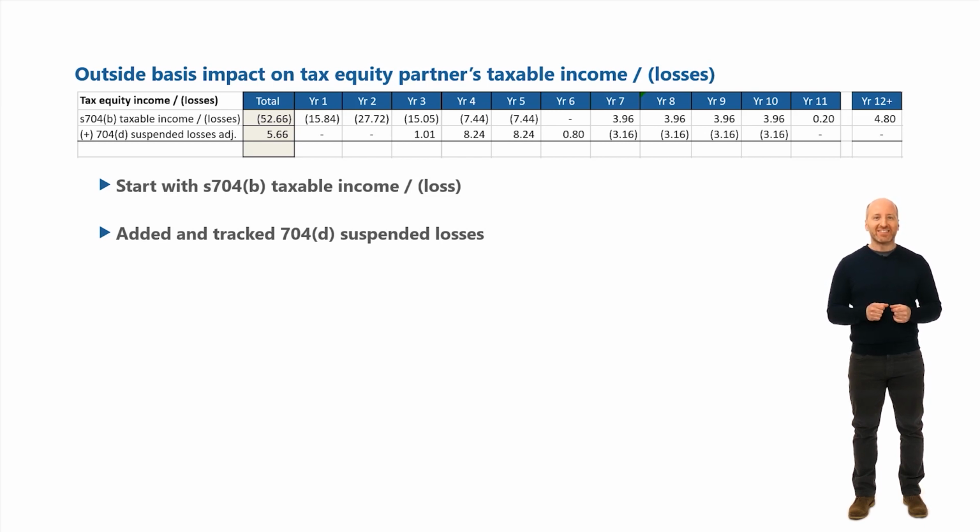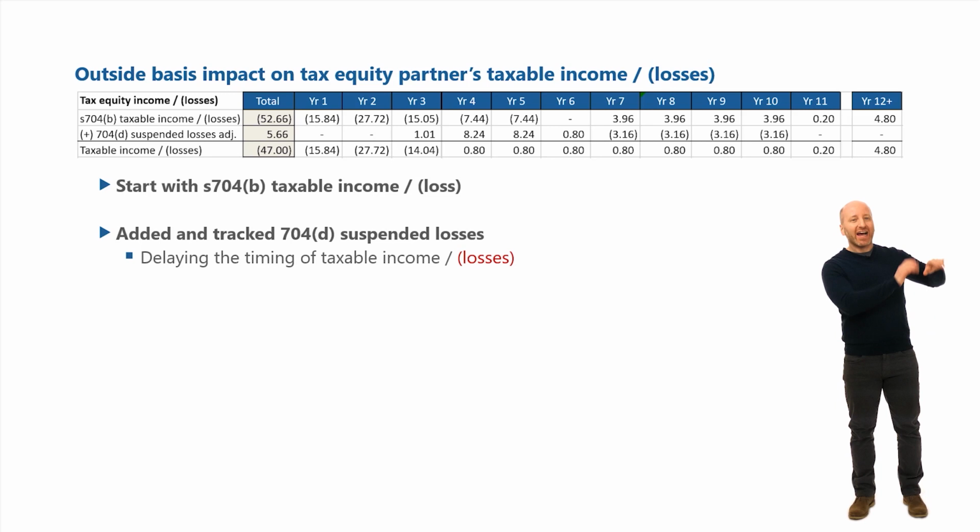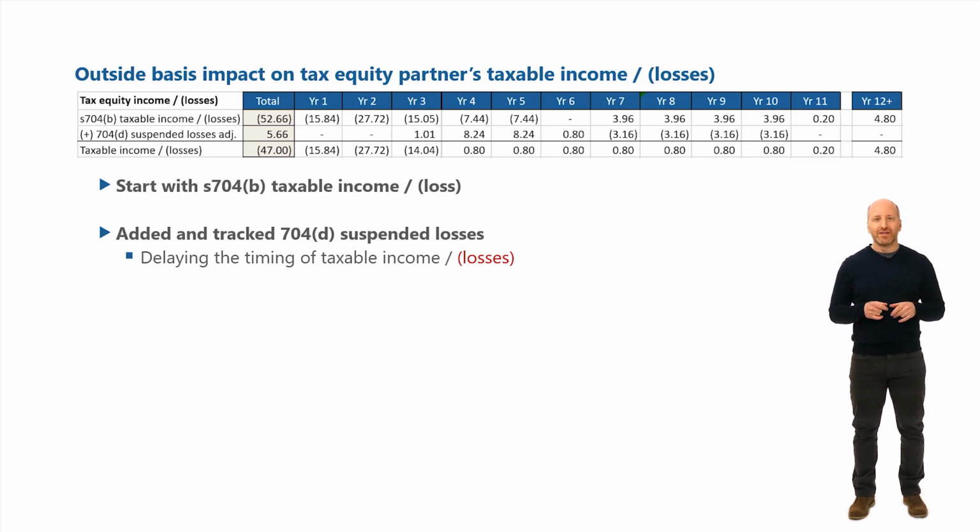So basically, the suspended losses just pushed out the timing of our losses, but because there is a time value of money, delaying losses reduces the net present value of this investment to the tax equity investor.